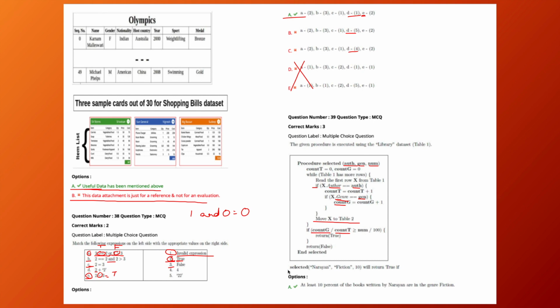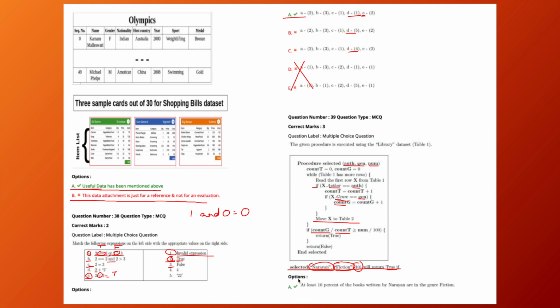And we have put in this particular call, selected Narayan, that is the author name, the genre is fiction, and the number is 10. So this selection that we have chosen will return true if, and we have been given the options.